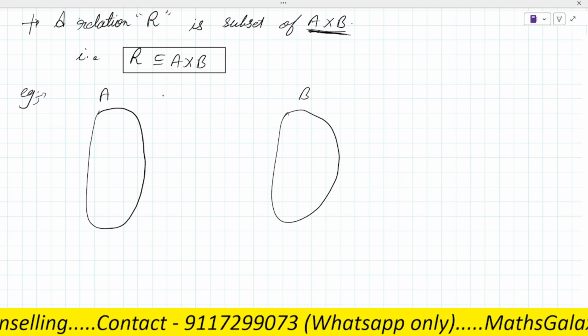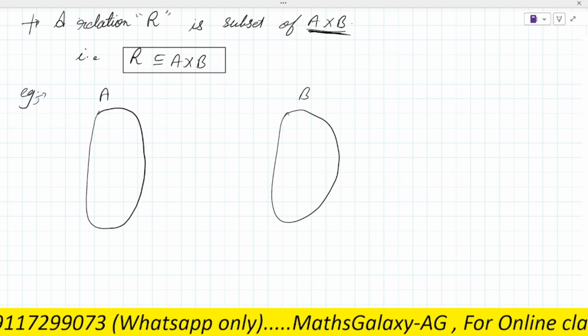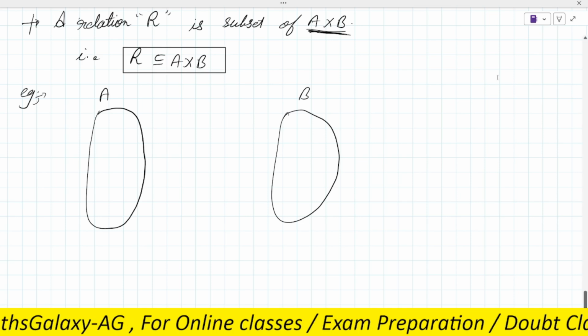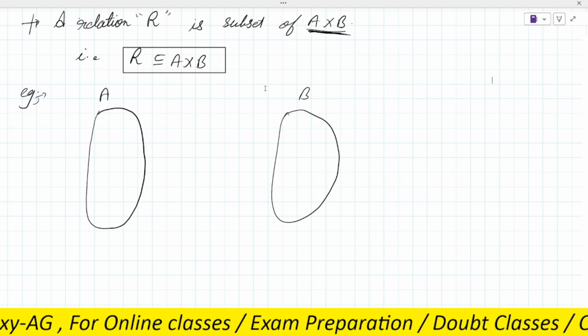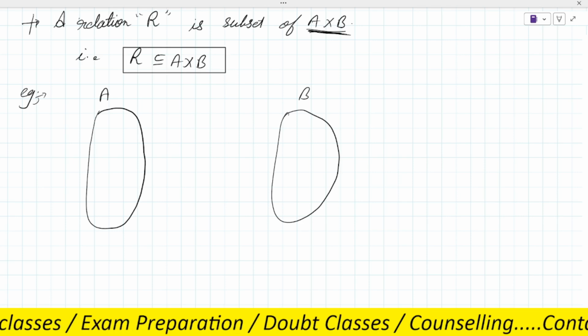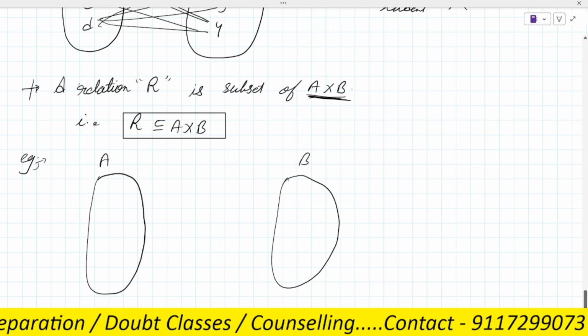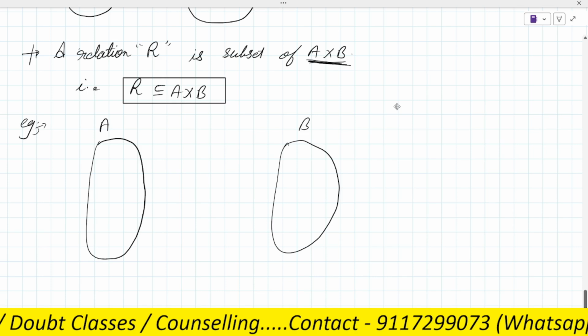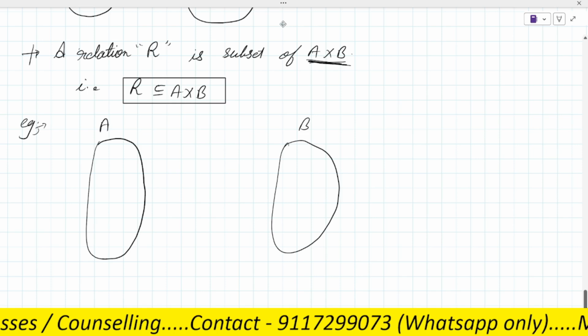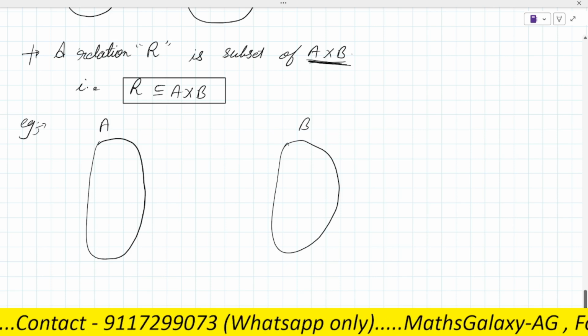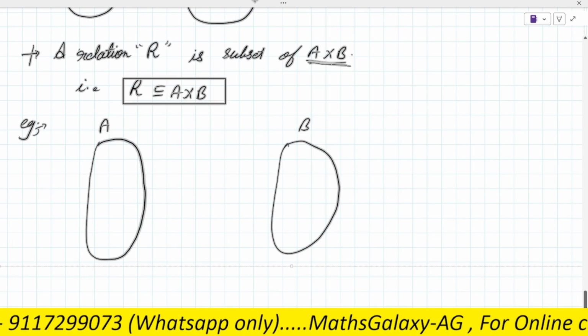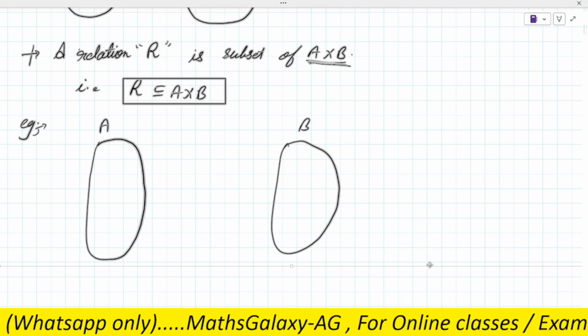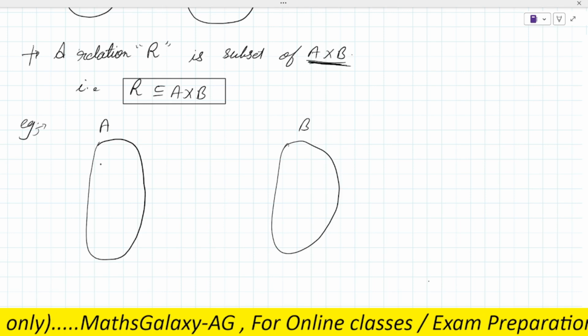Here the set A consists of the capitals of states, and the set B consists of the state names. Is it clear or any doubt?